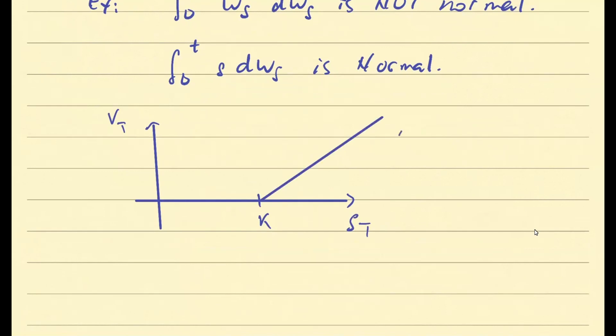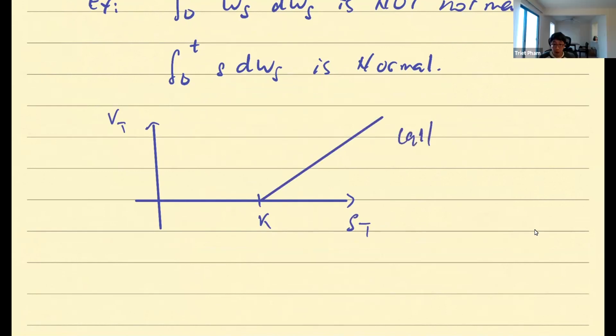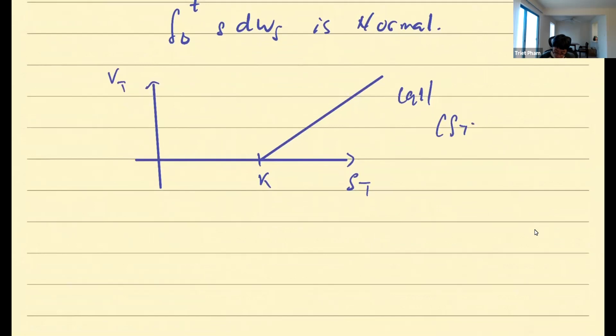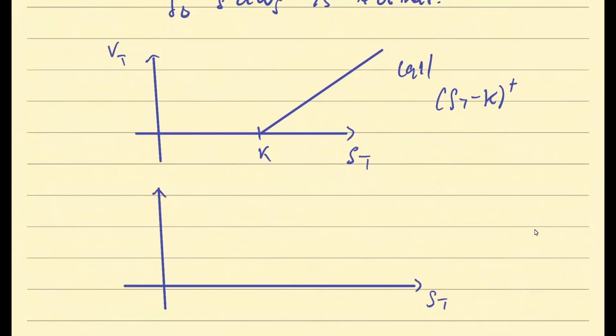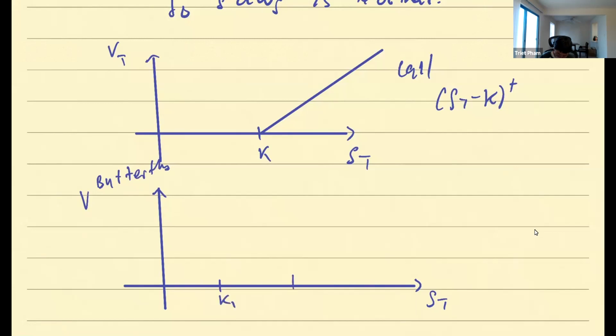Yes, this is a call, because it's (S_T minus K)^+, as a function of S_T. The butterfly is a three-piece function, but I believe you get something like this if you chase the definition. Something like that.